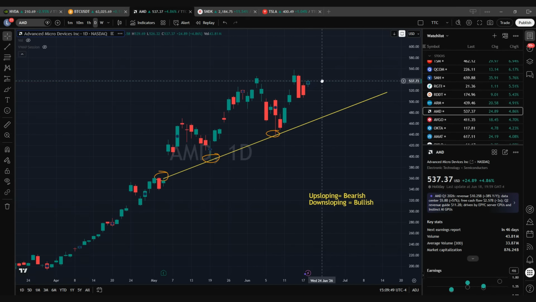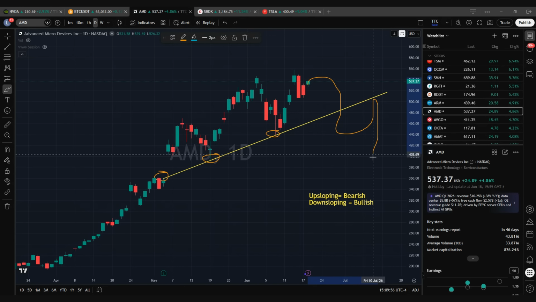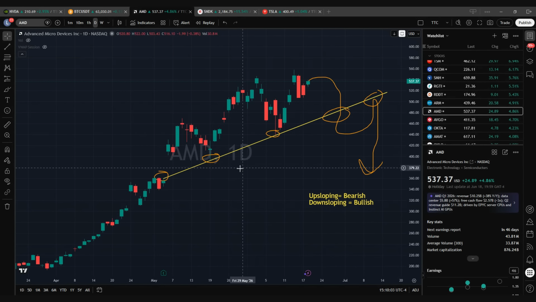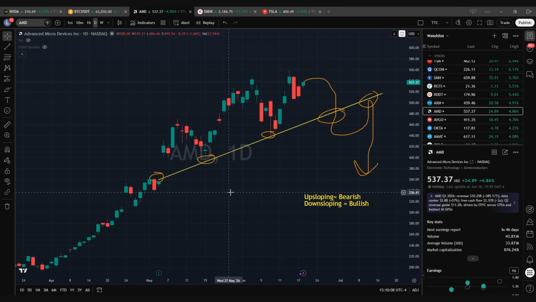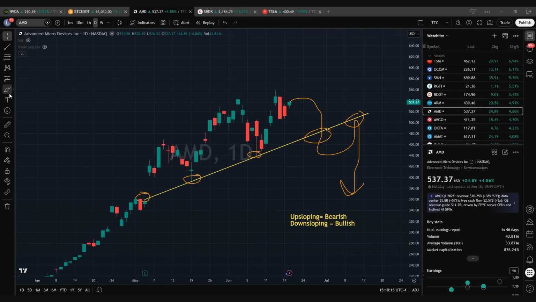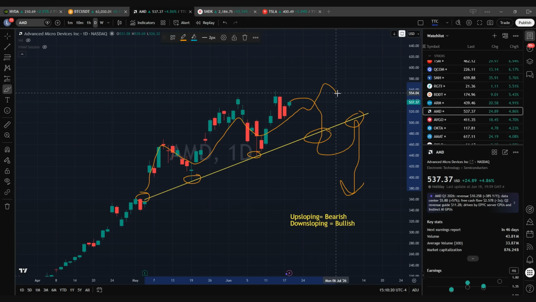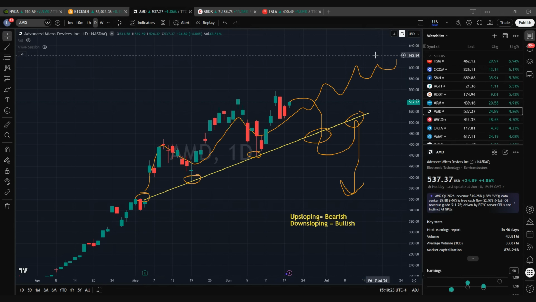But should AMD start to roll over and break this, you could enter, just like the other ones, on either a break or on a retrace. But this is a trend line we have to continually look at. And just like I said yesterday, just because a trend line is upsloping and bearish and favors a move lower doesn't mean it has to come down right away, because it can continue trading up above this trend line essentially forever.